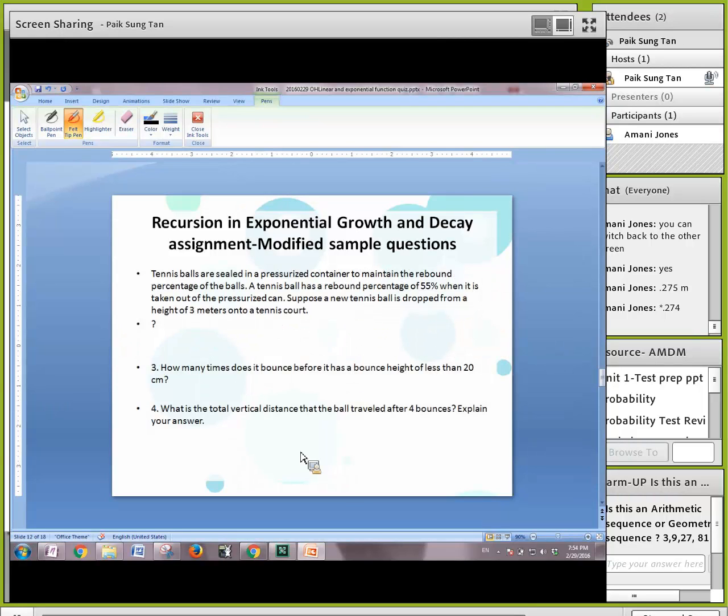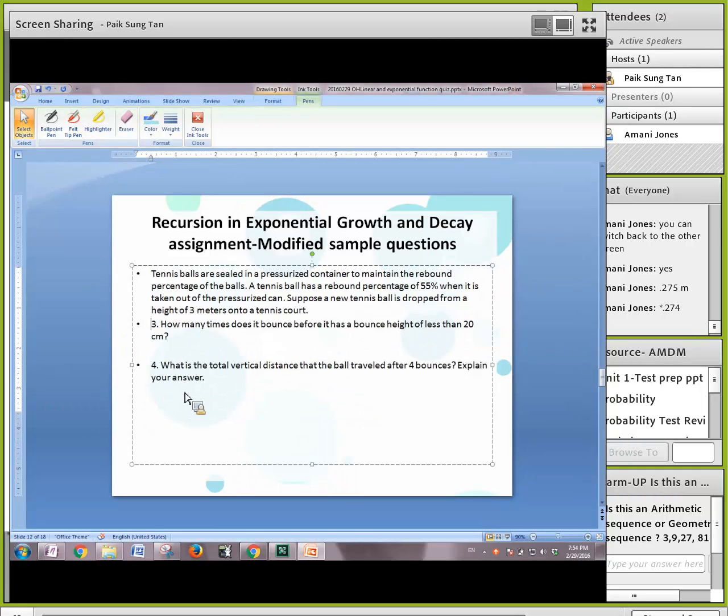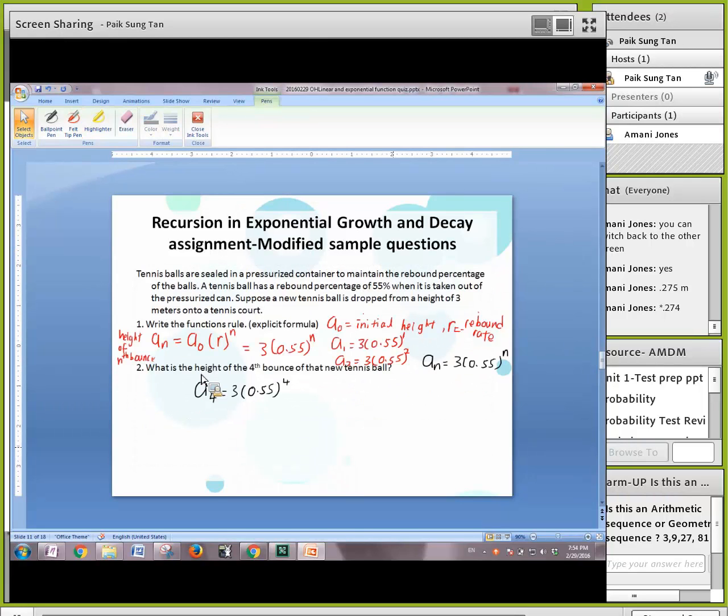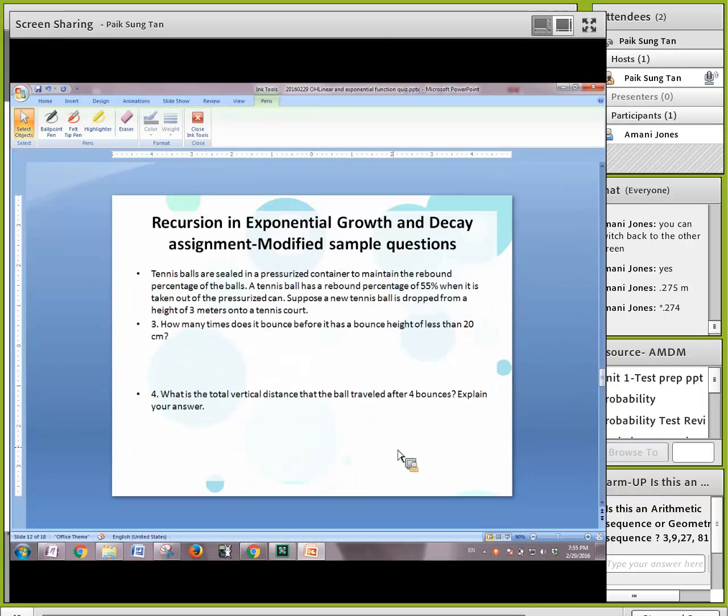The third question: how many times does it bounce before it has a bounce height of less than 20 centimeters? So just now we have a formula from the previous slide: a sub n equals 3 times 0.55 to the n, right?